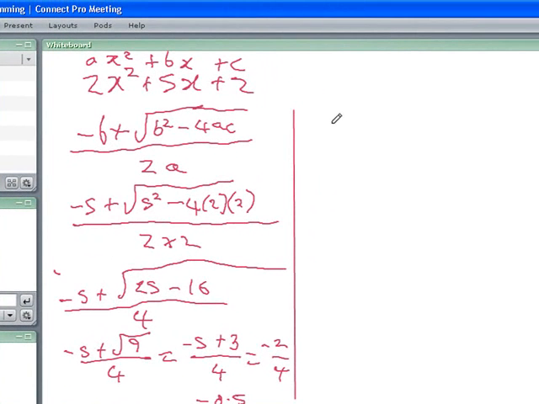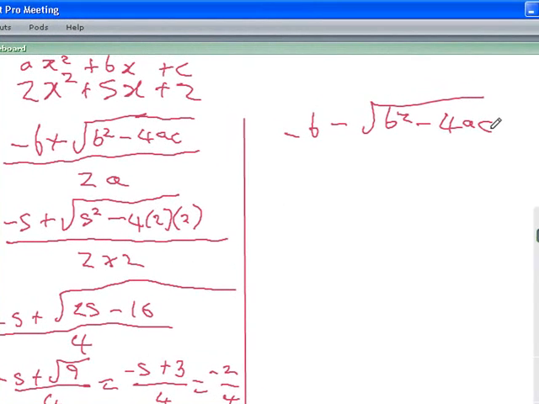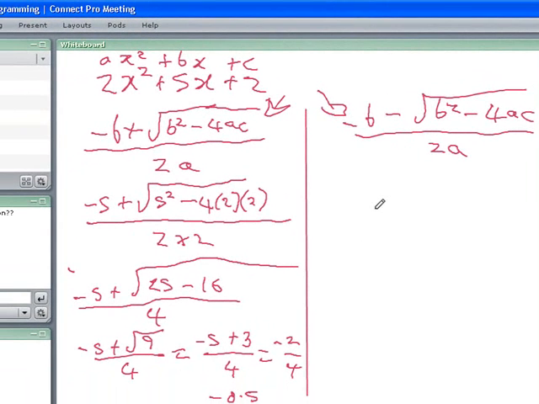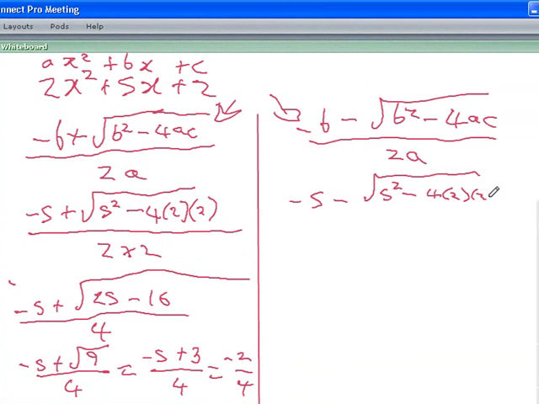The next root is given as minus b minus the square root of b squared minus 4ac over 2a. And so remember, you're going to have to do a separate function for this one and a function for this one here. So that'll be minus 5 minus square root of 5 squared minus 4 by 2 by 2, all over 2 by 2.